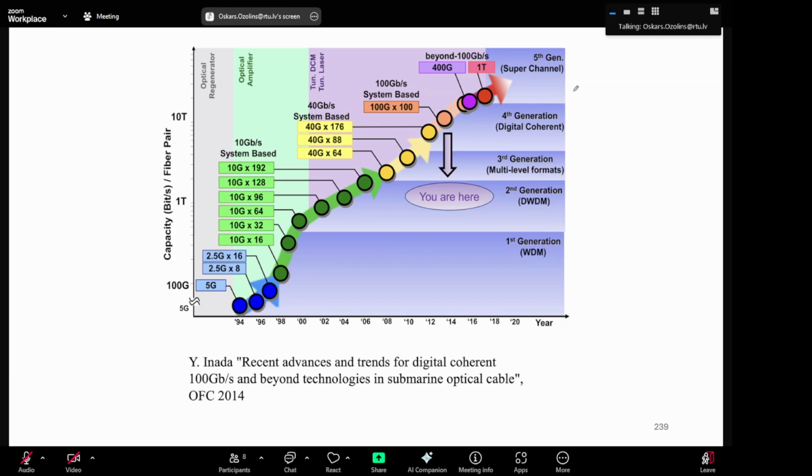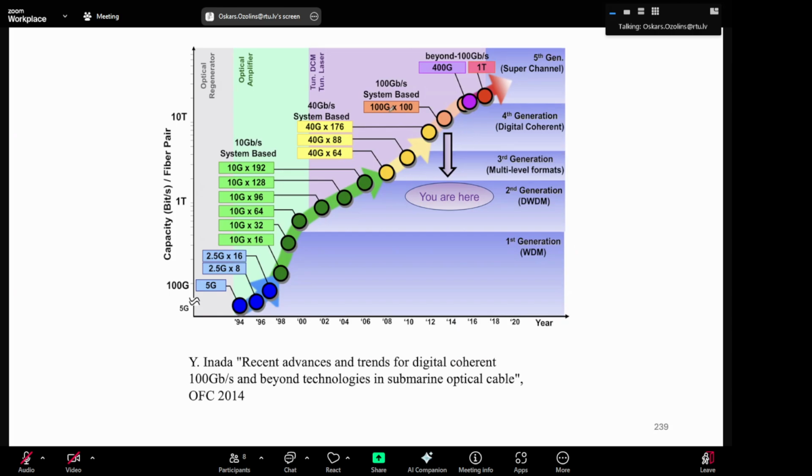But what was done, in a way, is that first there were single channel systems, then 5G, then 2.5 gigabits times 8, 2.5 gigabits times 16, and then these 10 gigabit systems were scaled up from 16 to 192 channels. And then another jump was when the bit rate per wavelength was increased to 40 gigabit per second.